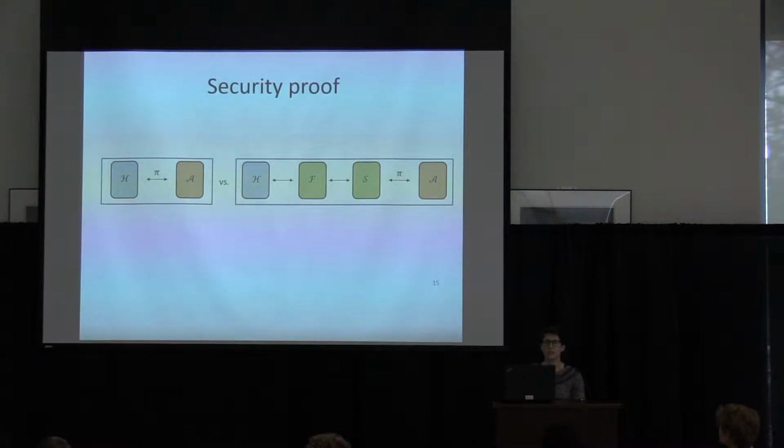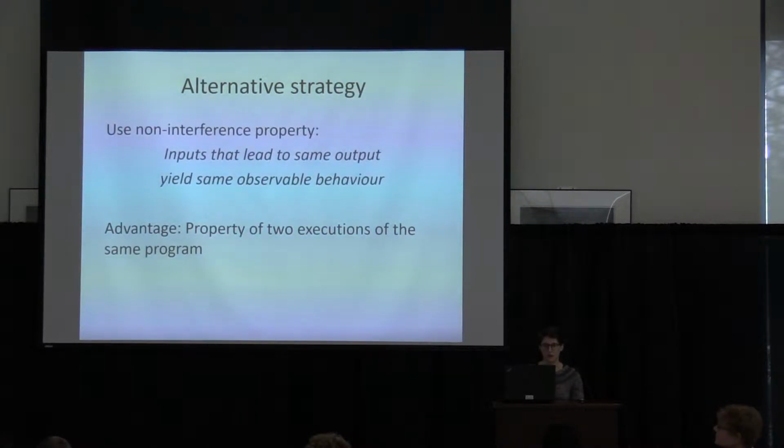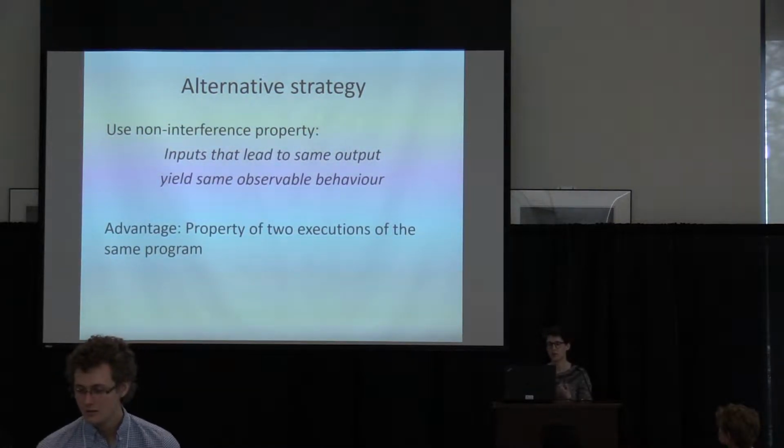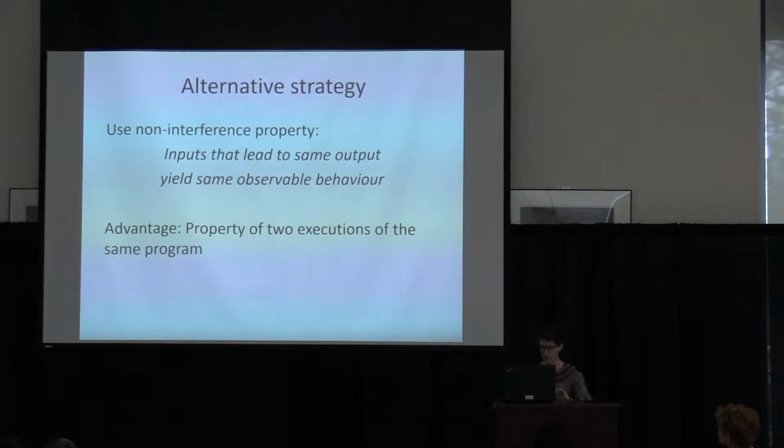So what we do instead is we were looking for an alternative strategy that makes this proof a bit easier, but spoiler, it only works for the kind of protocols that we consider here. We use a well-known technique from PL: non-interference. We use a property that we want to prove, that inputs that lead to the same output, according to the ideal functionality, yield the same observable behavior. Or in crypto terms, when parties use inputs that lead to the same output, then the view of the parties is the same in both executions.